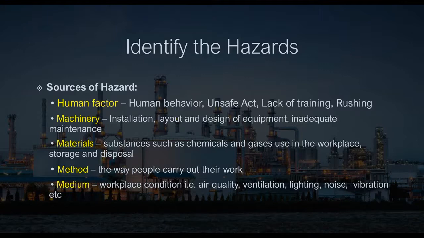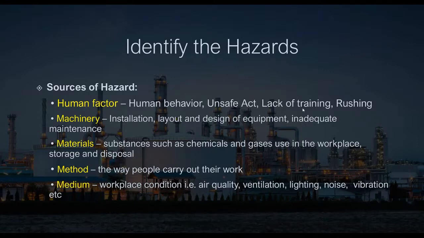And then handling the materials: substances such as chemicals and gases used in the workplace, storage and disposal. How to handle the material, for example, we must use the PPE, personal protective equipment, in order to handle the high risk material properly. And then the method, the way people carry out their work.